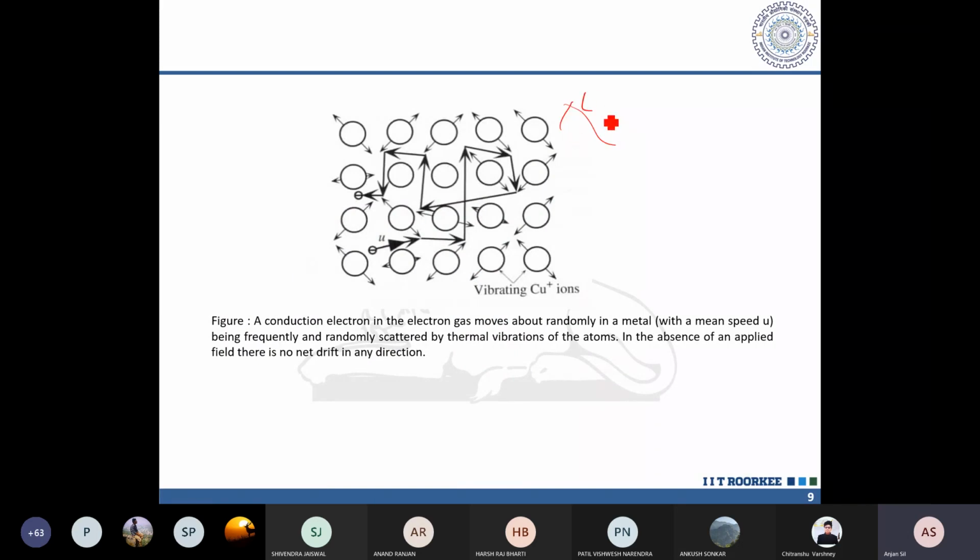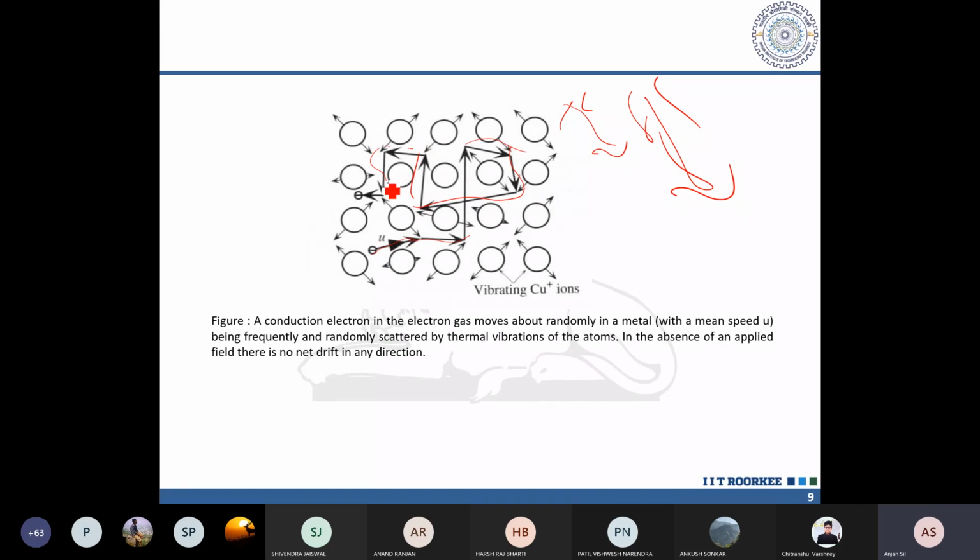This vibration is shown here, in any random kind of vibration. And the free electron is also moving in this direction, and then in a very zigzag fashion it makes its way to pass through in between.